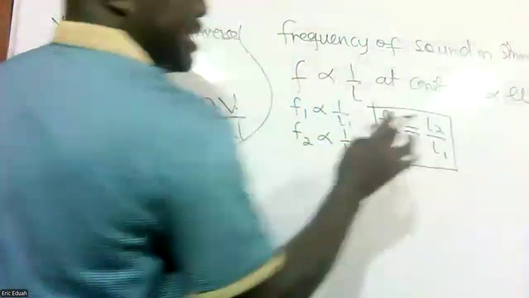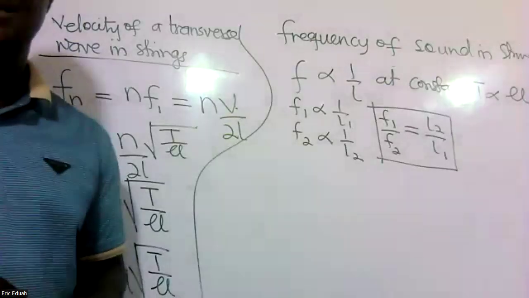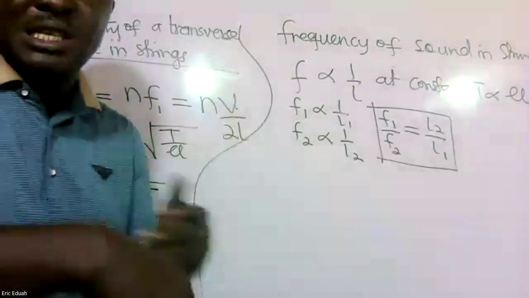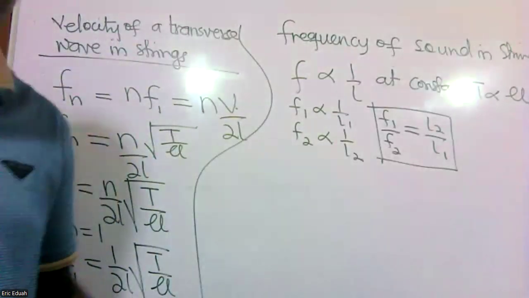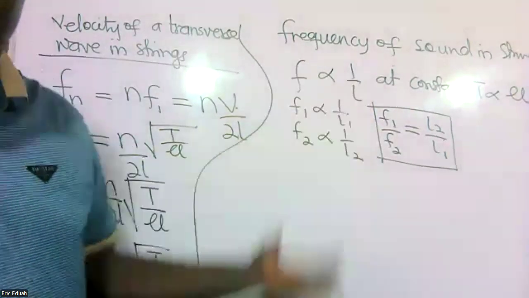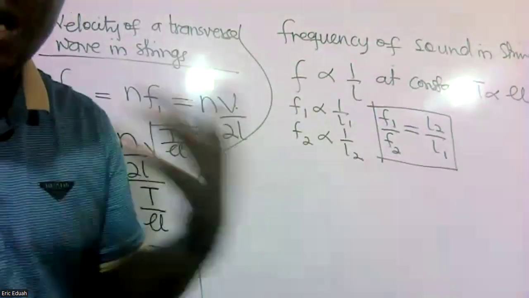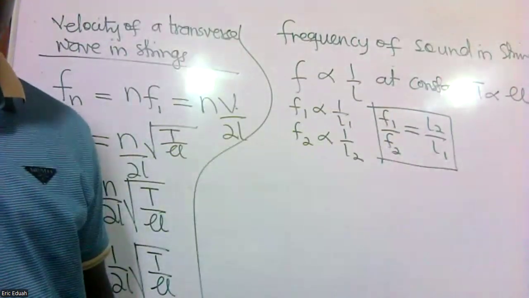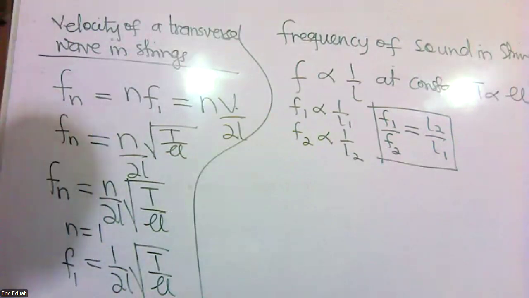So this equation can be used for calculations: when L1 has its own frequency F1 and we vary the length, we must be able to determine the frequency.